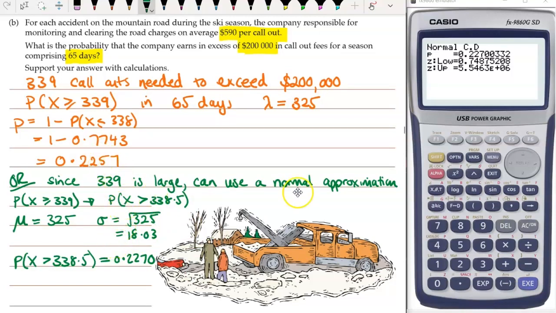And that comes about because we are using a normal approximation to what was happening in a Poisson situation. And because the question didn't ask us specifically to use an approximation, I believe that both of these answers would be accepted as correct on the external.